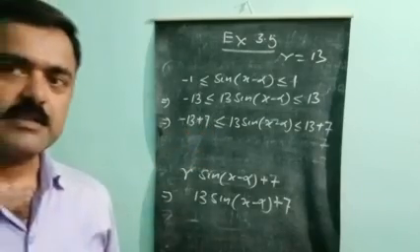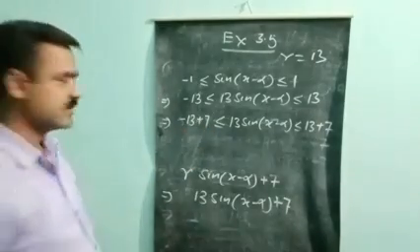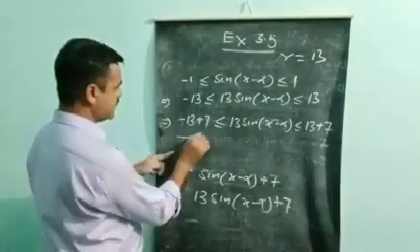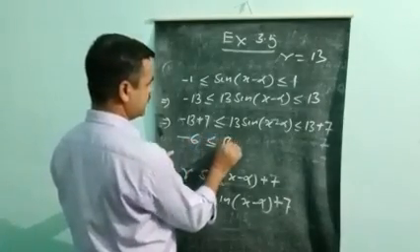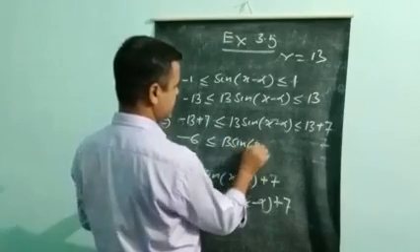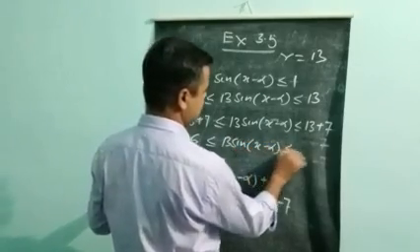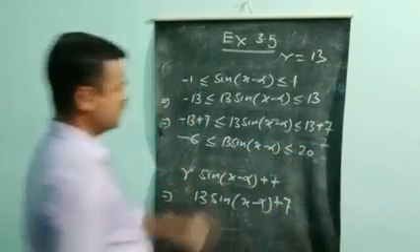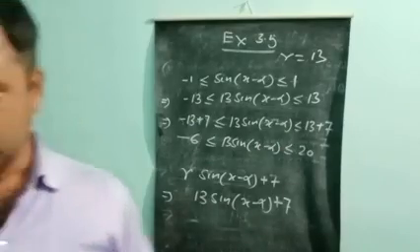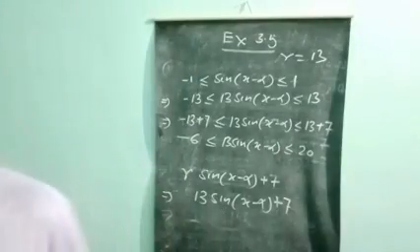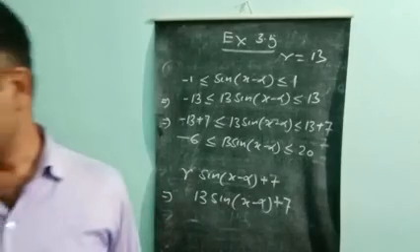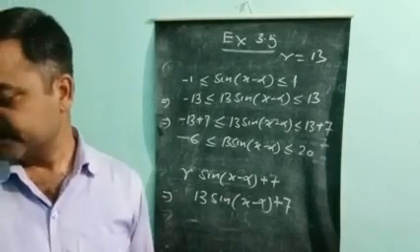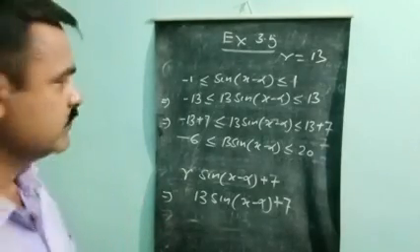-13 plus 7, you will get -6. So -6 is less than or equal to 13 sin(x minus alpha) plus 7 is less than or equal to 20. Now you can see here that the range of the expression is -6 to 20.